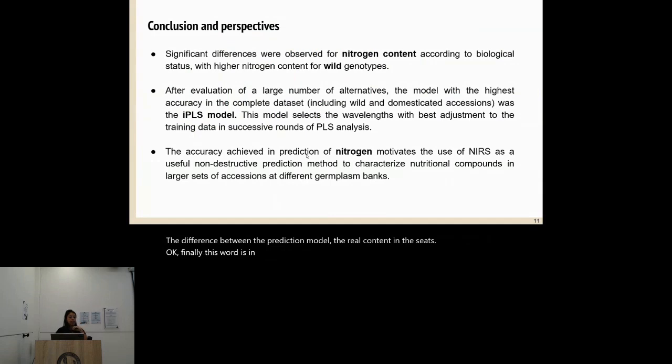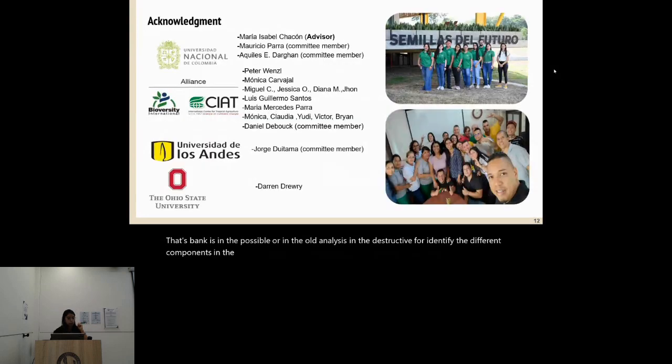Today I only present the nitrogen content for the seeds, but we also evaluate other compounds in the seed, the minerals and anti-nutritional compounds that are important in beans. I also highlight that the best model at the moment is PLS with interval selection. This approach is very nice because in the CIAT germplasm bank it is not possible to do destructive analysis to identify the different compounds in the seeds. Also, I want to thank the different people involved in this project.